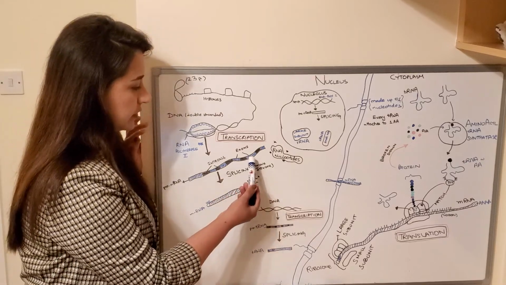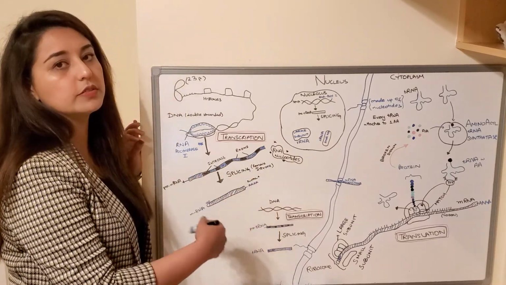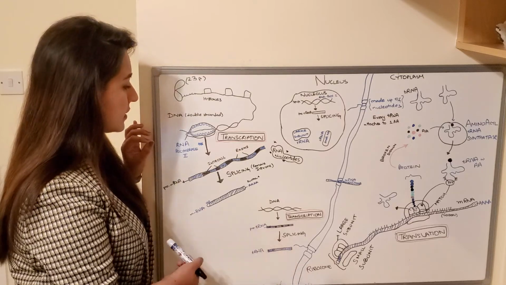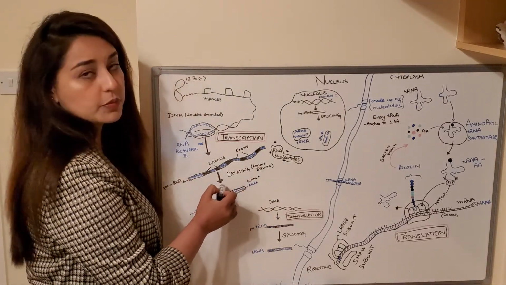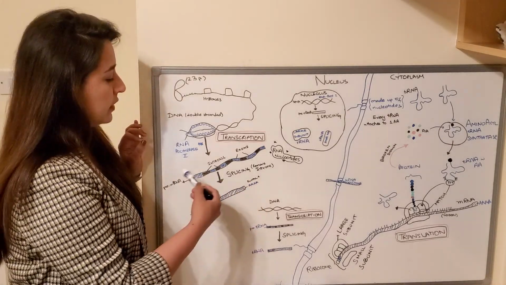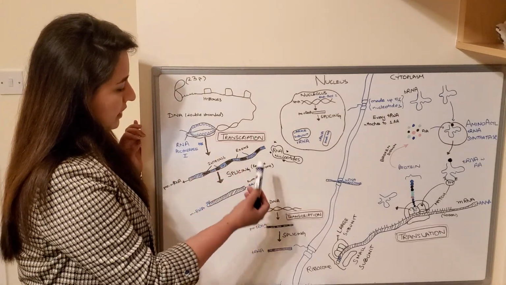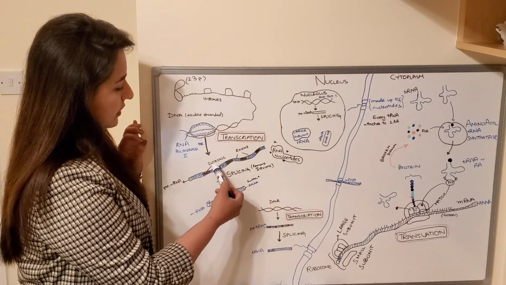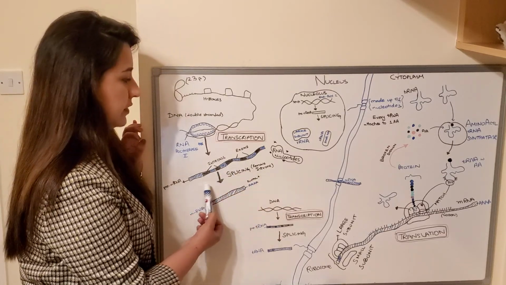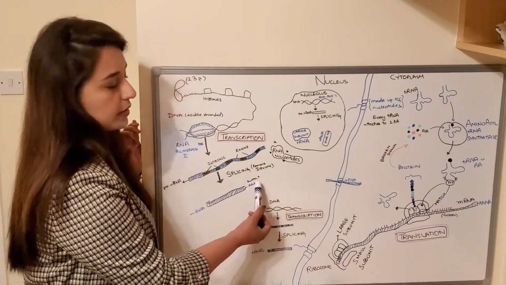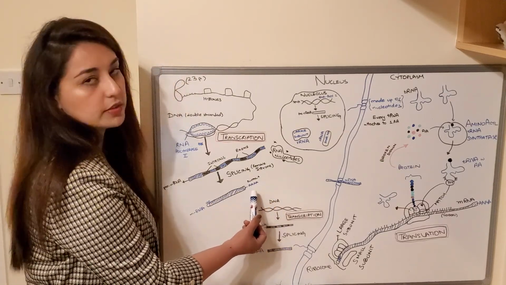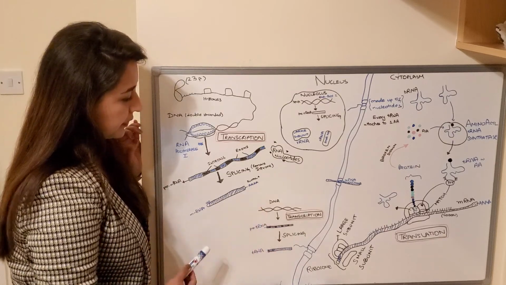We only need those regions that code for amino acids so that it can help in protein synthesis. So the introns are removed by a process called splicing. The spliceosomes break these introns from this pre-messenger RNA and give us a messenger RNA with the cap end and a poly-A tail of adenosine nucleotides.